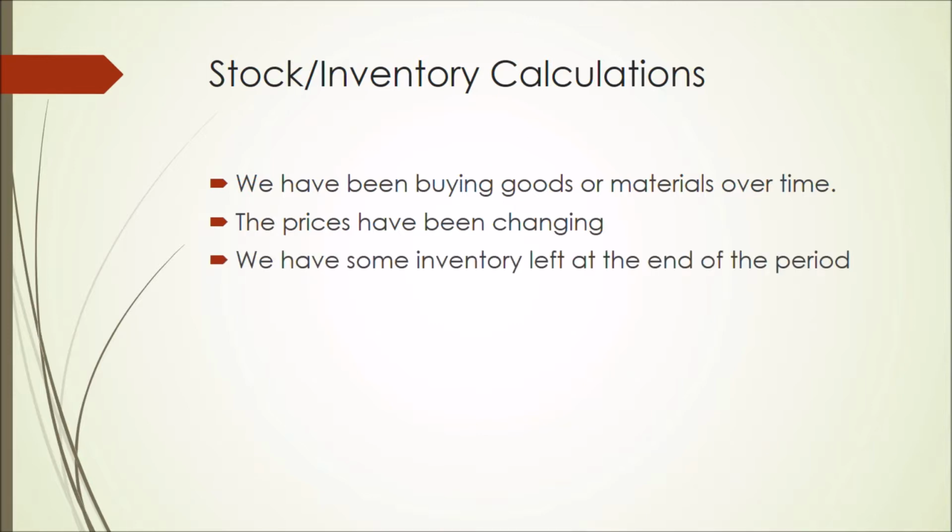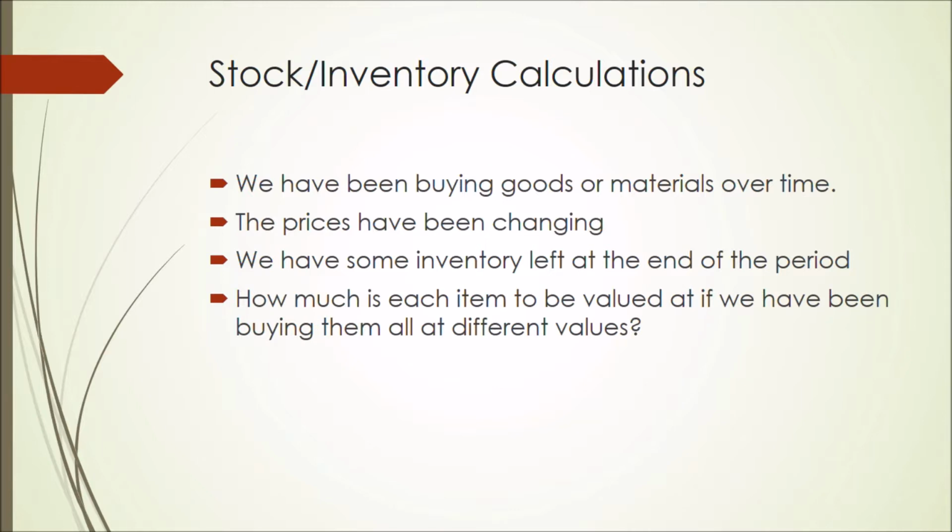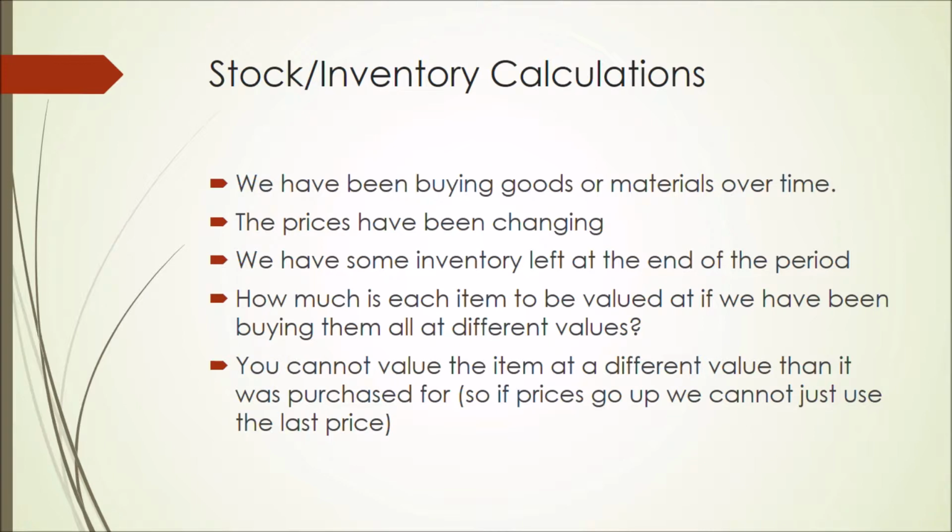And at the end of the period, we've got some of these dresses left over, and we don't know how much we bought each one of them for. We just know it's something between £10 and £13 for each of them. What should we actually do, and what is the value of the items in our inventory and our stock figure at the end if we've been buying all these things at different prices? And you can't value the thing at a different price than you bought it for.